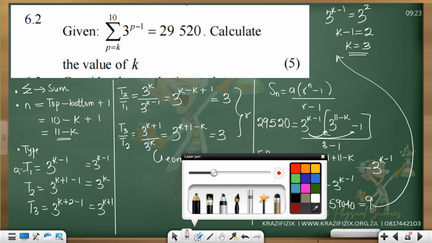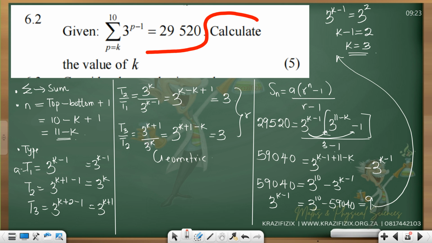What is the question? I don't understand what we do with the value of k. Can you read the question for me, please? Yes. Calculate what? The value of k. So what is k?